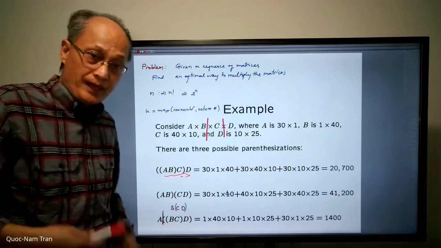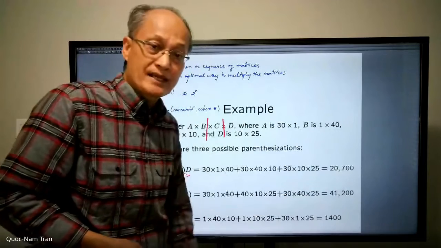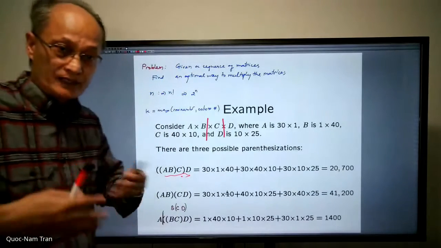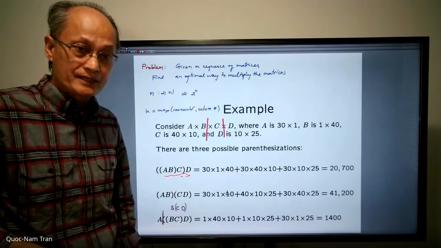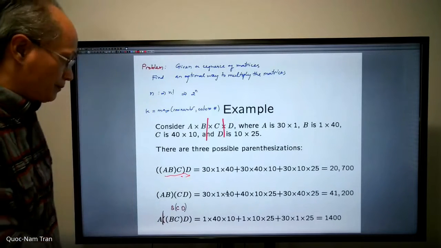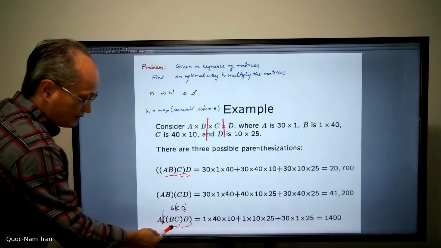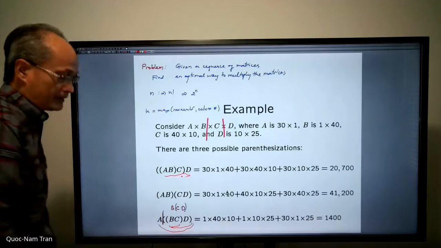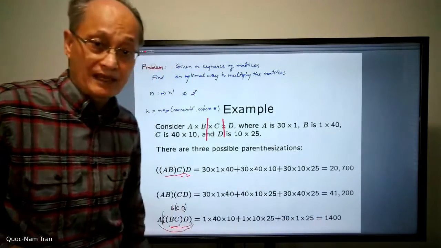If we multiply the matrices that way, it takes about 20,700 multiplications of the elements of the matrices, right? But if we multiply BC first, and then D, and then multiply with A, it takes only 1,400 steps, right?